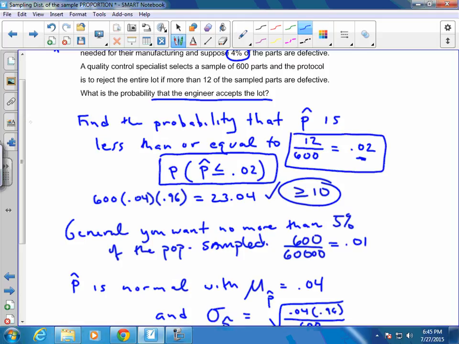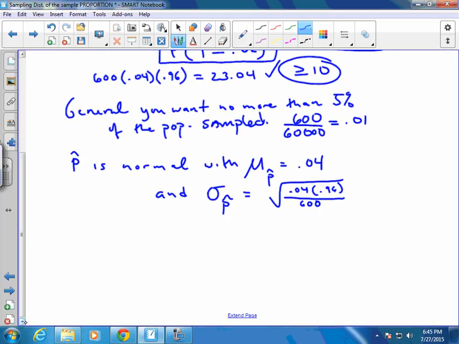So we want to find the probability that our sample proportion is less than or equal to 0.02. 0.04 is the mean. This standard deviation is a really small value, so I'm going to put my 0.02 way over here because I think that's going to be several standard deviations below the mean.